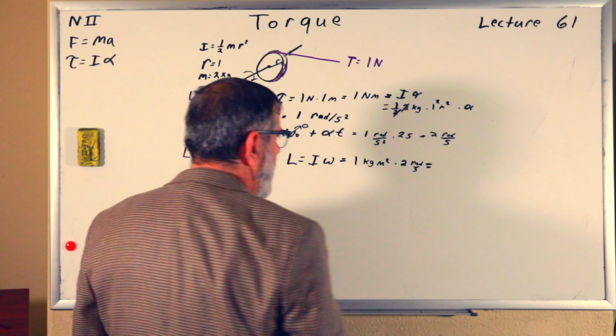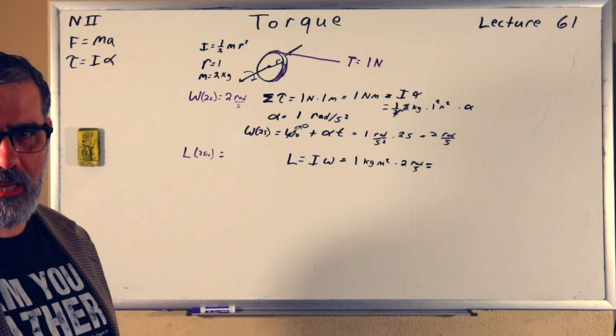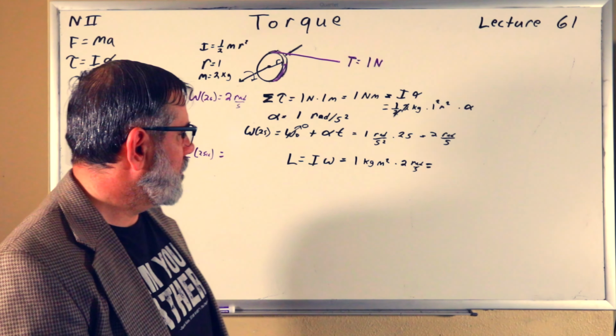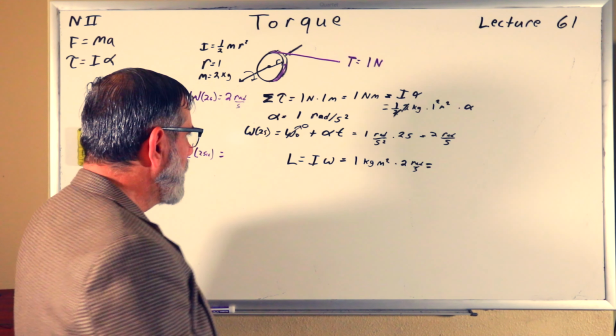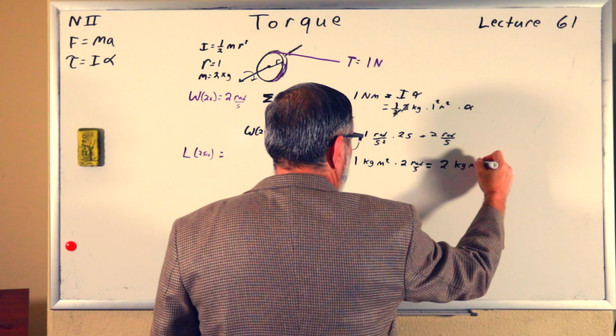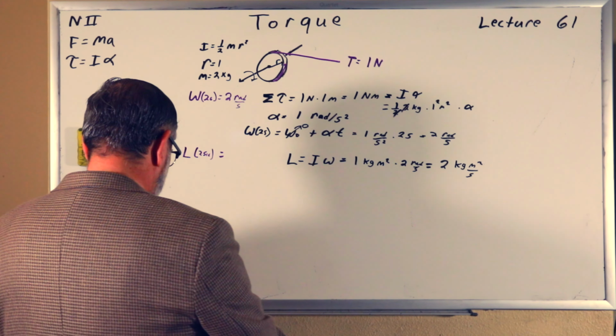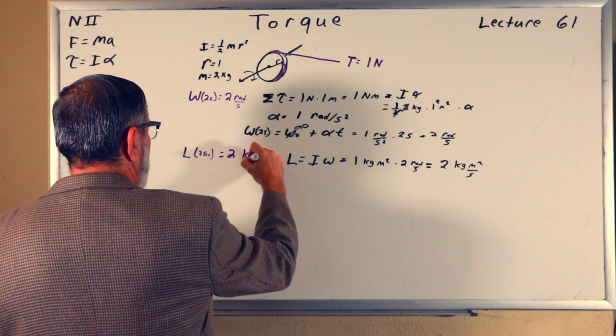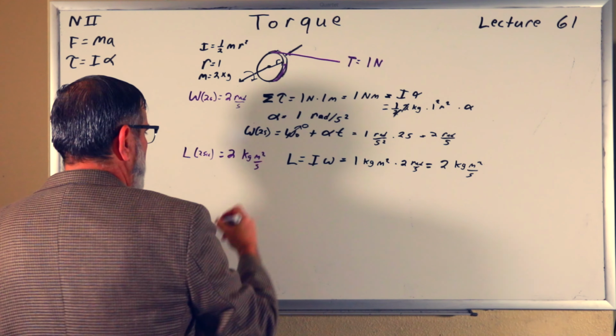When we have mixed units like this, we'll just drop the radians and say the answer is 2 kilogram meters squared per second. Let's write that result over here. 2 kilogram meters squared per second.